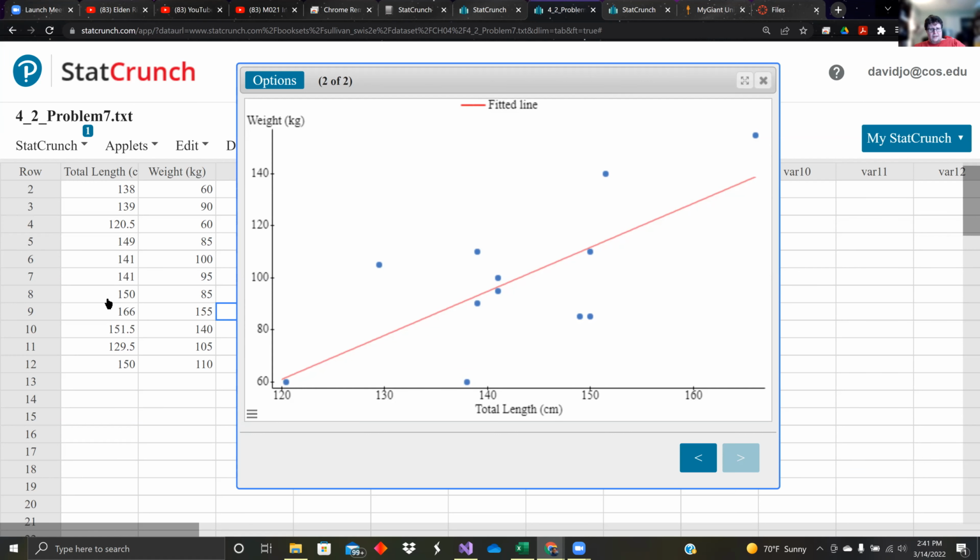And the biggest X value is at 166. And its height is about 140 there. So we'll go up to about 140.